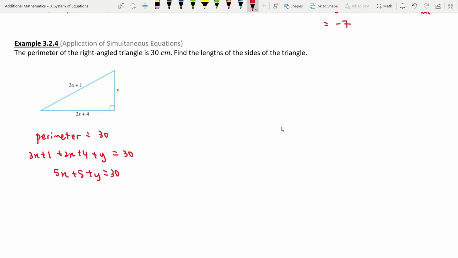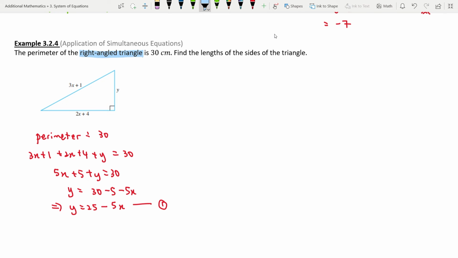Then I will make y our subject. y is equal to 30 minus 5 minus 5x. That is, y is equal to 25 minus 5x. This is our first equation. We are also told that it is a right-angled triangle.